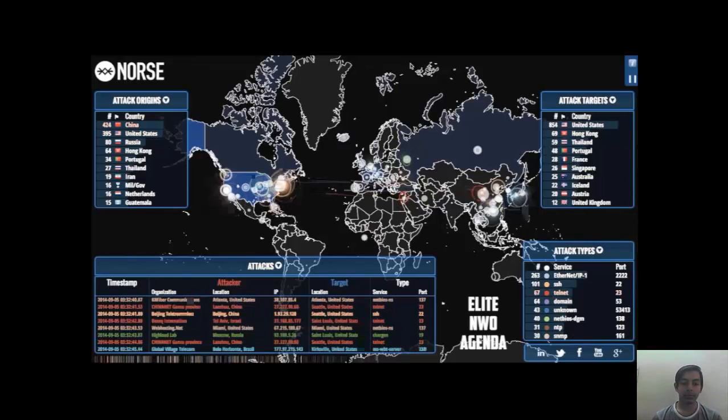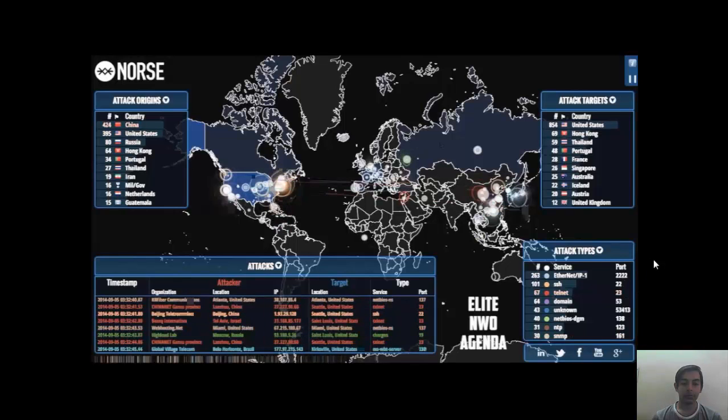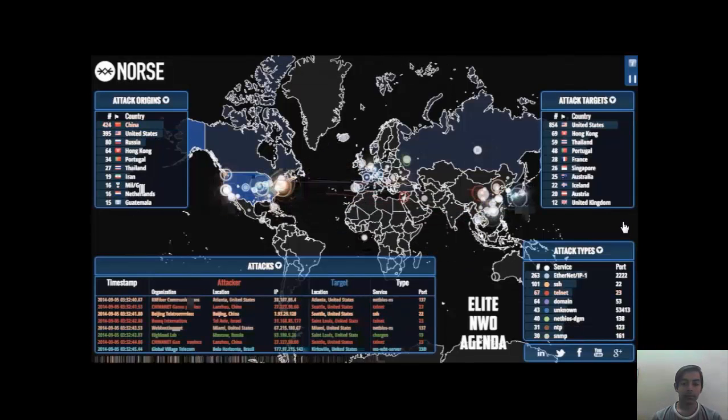It's pretty crazy. It's from a website called Norse, and every second Norse collects and analyzes live threat intelligence from darknets in hundreds of locations in over 40 countries. The attacks shown are based on a small subset of live flows against the infrastructure.